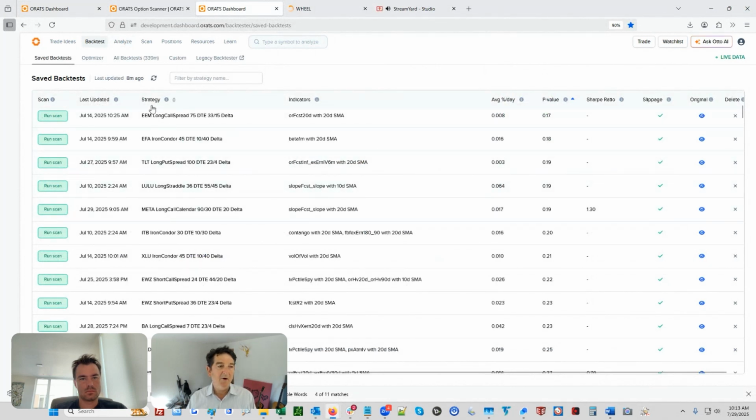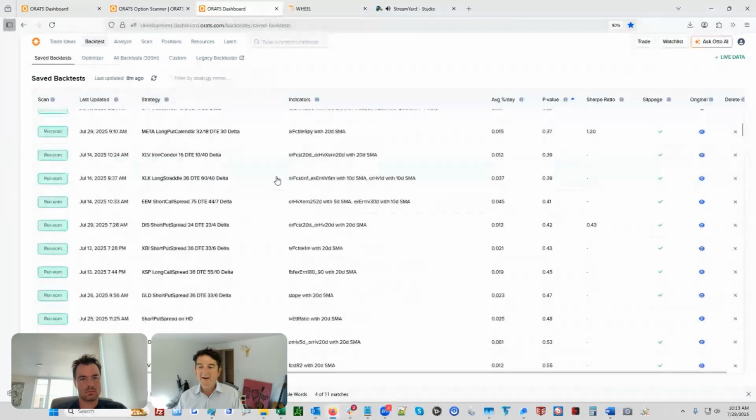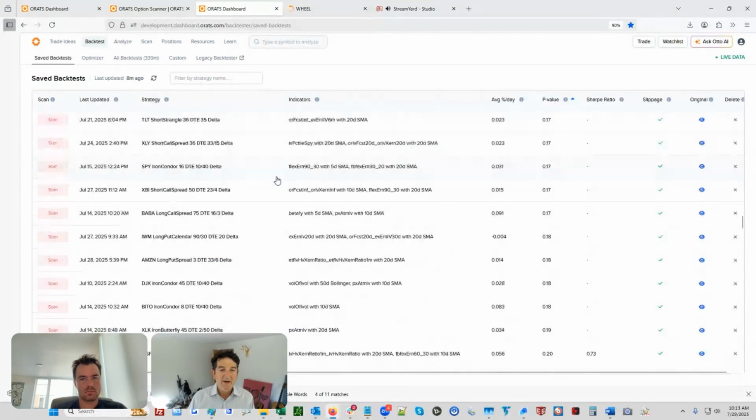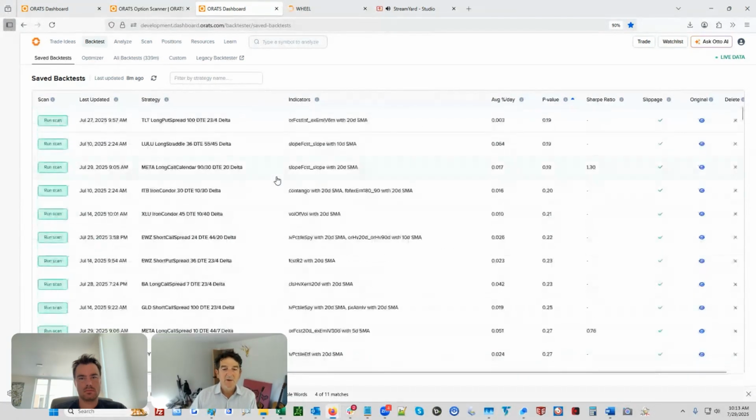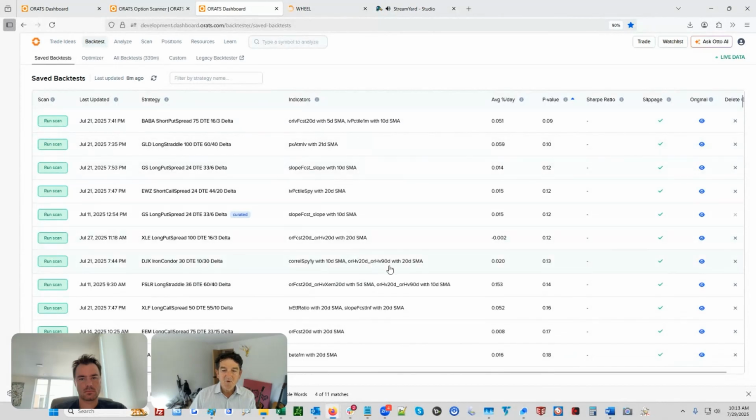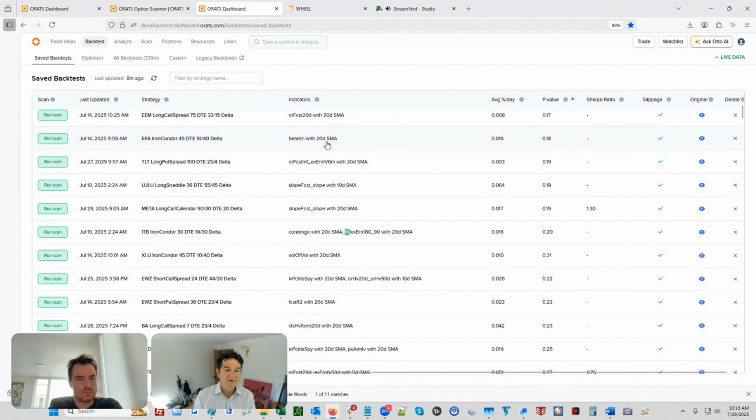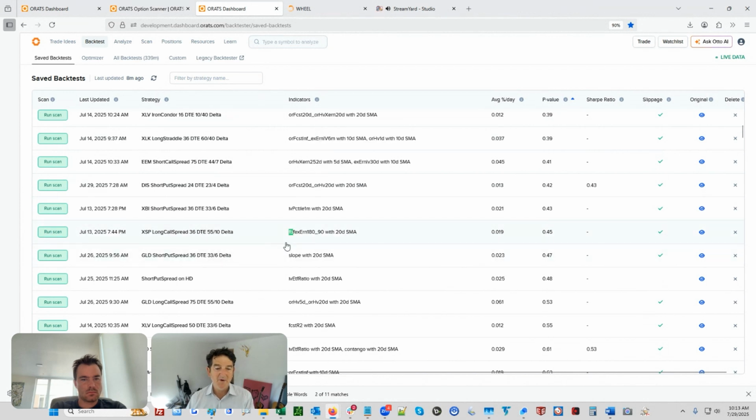So what we're looking at now are all my saved backtests. These are the best backtests that I've found, right? And what we do is we look if there's a good timing indicator here. This is probably a whole show, but FB, there's one FB there for the ITB iron condor. There's one F there for the XSP call spread.